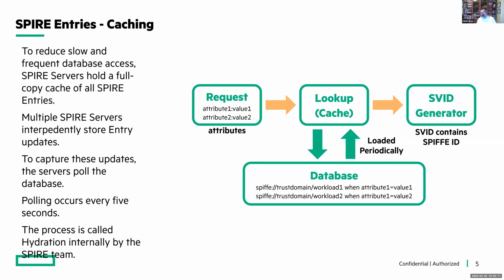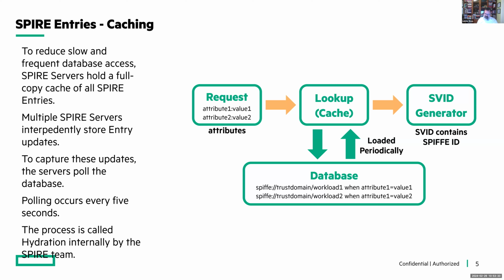Now, this assists in a couple of ways. One of the ways is that when you're standing up multiple SPIRE servers, you can just have all of the SPIRE servers refer to the same database and use it as a coordination point. Any SPIRE server or SPIRE executable that wants to insert an entry will insert it into the database, and then it'll be distributed out to all the SPIRE servers.